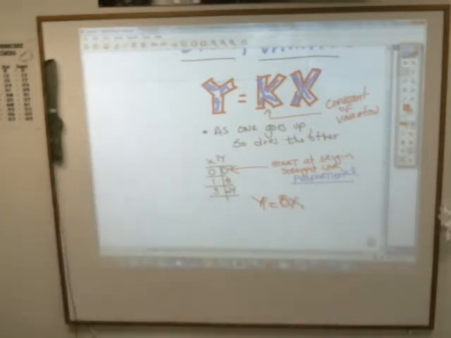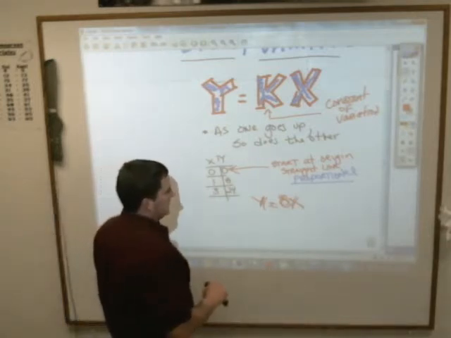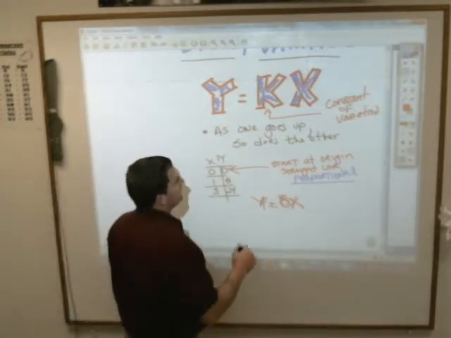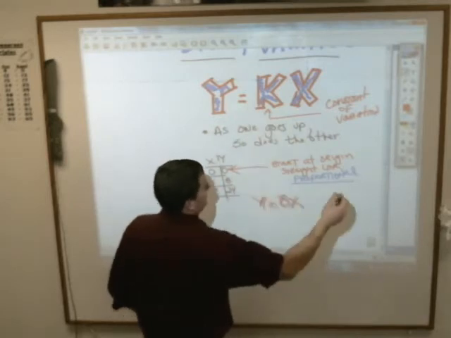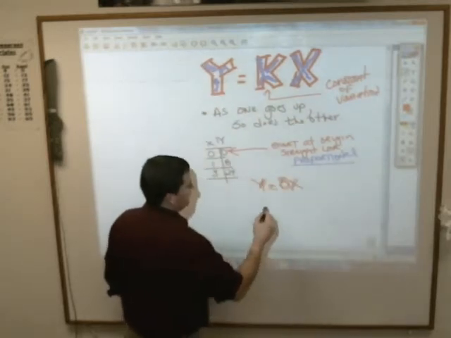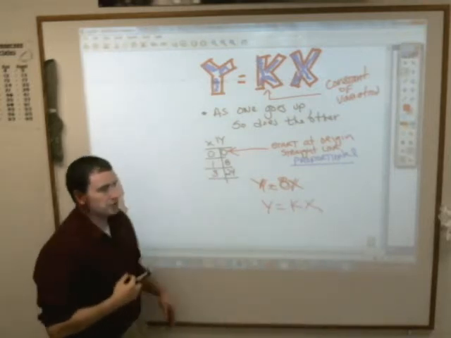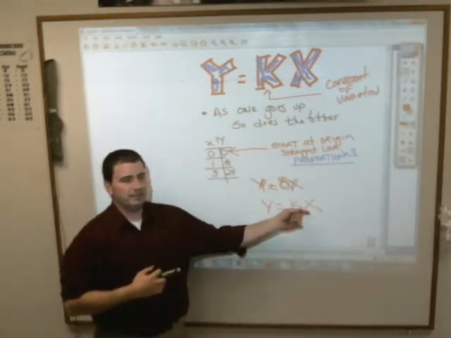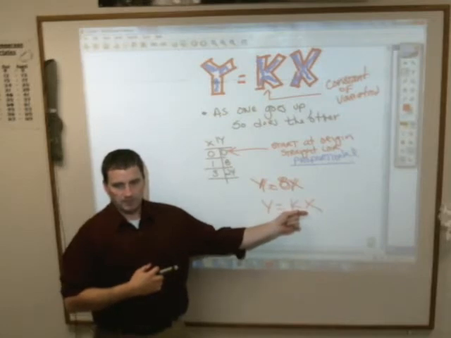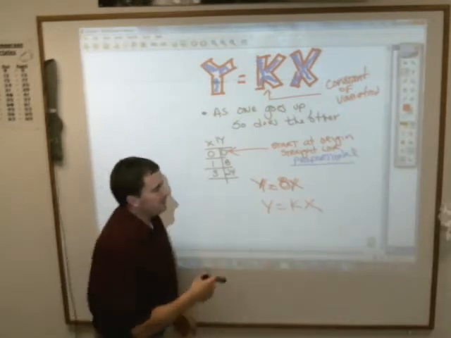Let's see what else they ask us about that. Other ways that you can write this would be, what is this? y equals kx. If I were solving for the letter k, what would I get rid of on this side? How do I do that? I would divide by x.